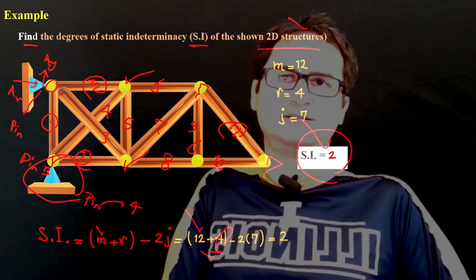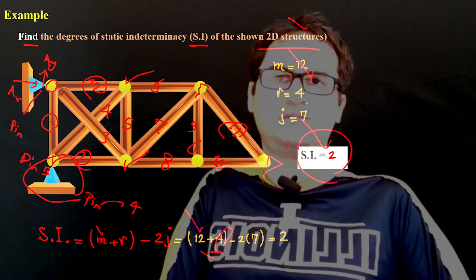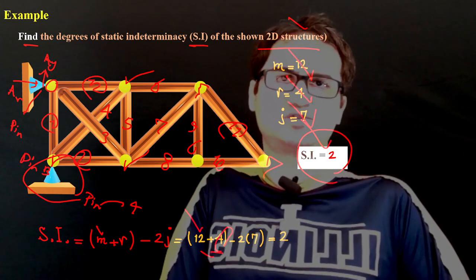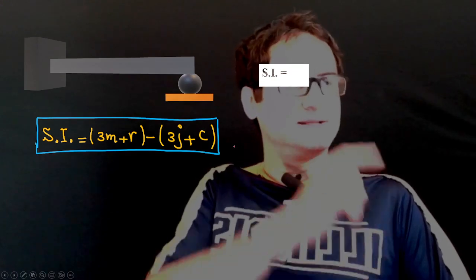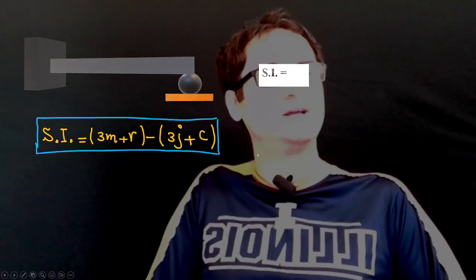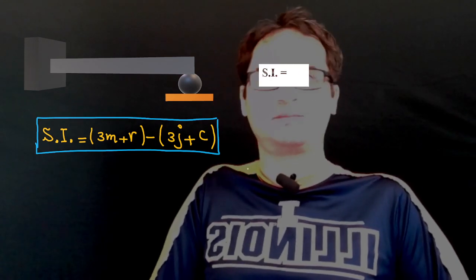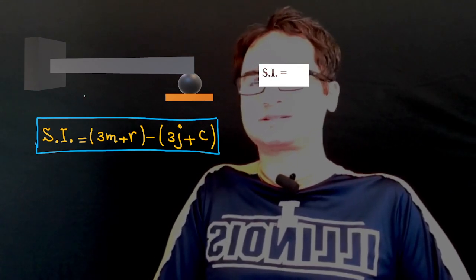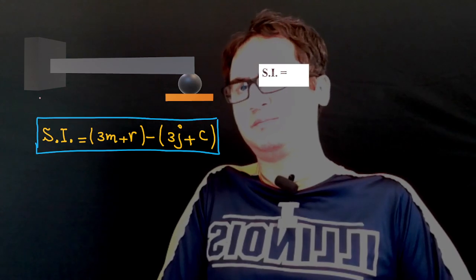So we can easily see we have 12 members, 4 reactions, 7 joints, and that leads to 2 degrees of indeterminacy. And let's solve a beam example.